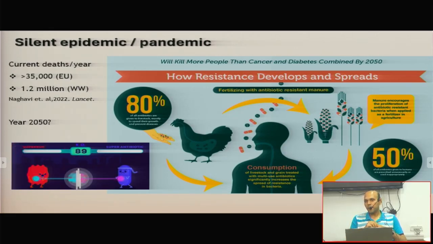And some of these diseases are not very easy to treat. They need specialized treatment. Not all microorganisms can be given antibiotics and you can work. It is not like that.